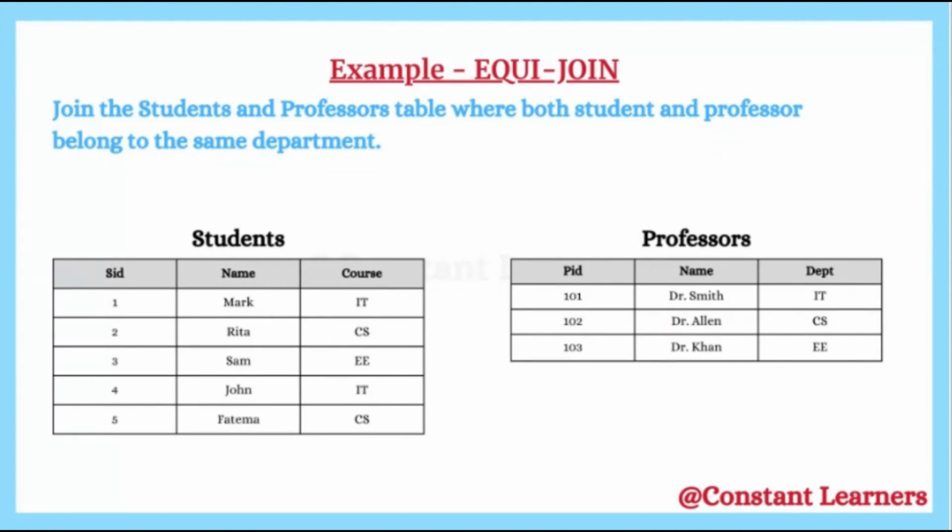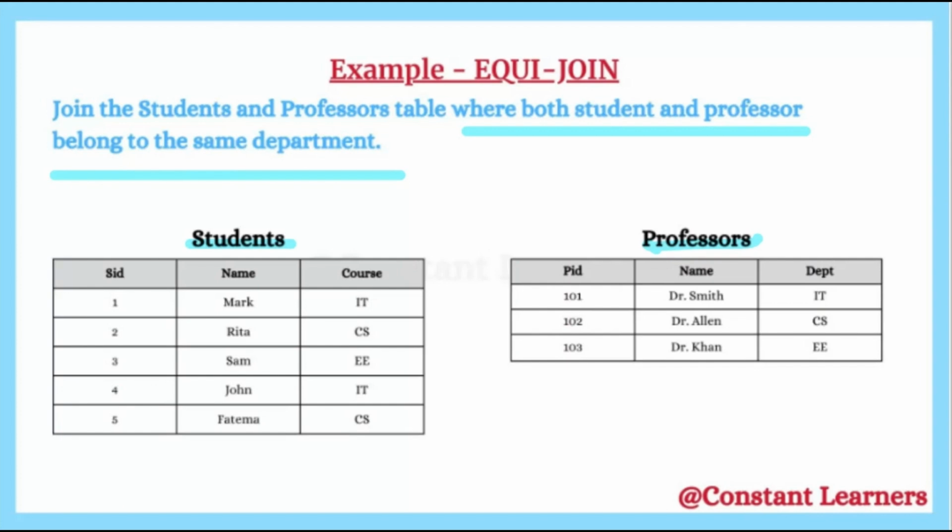Here we have two tables, the students table and the professors table. We need to join both of these tables where both the student and the professor belong to the same department. Alright, that is, the department of the students and the professors is to be same.